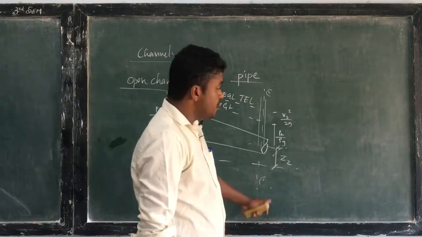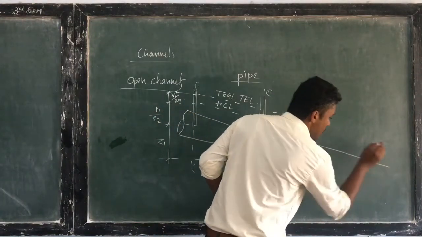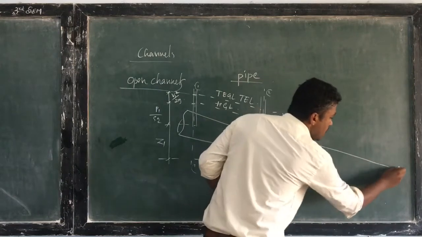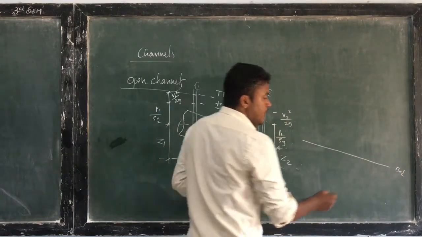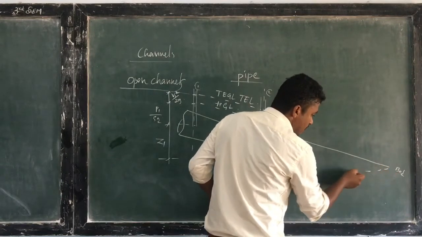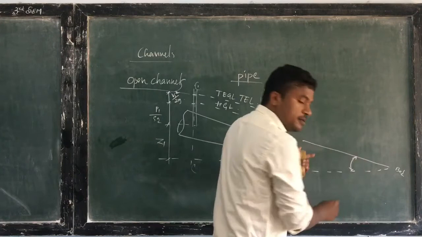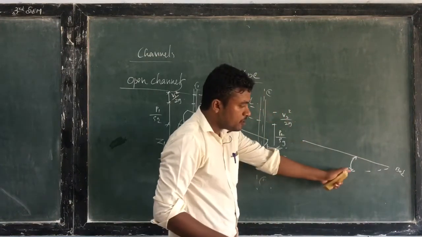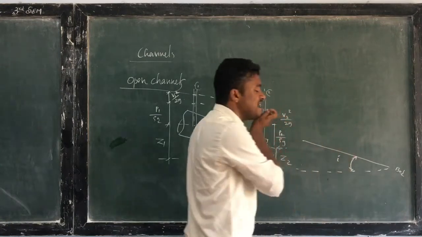If you take an open channel, then of course we have a base which is called the bed, right? If you draw a datum, then the angle between this bed and our datum, I will take as i, is the slope.